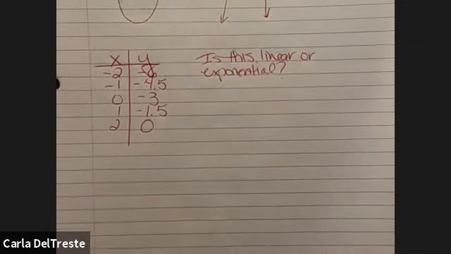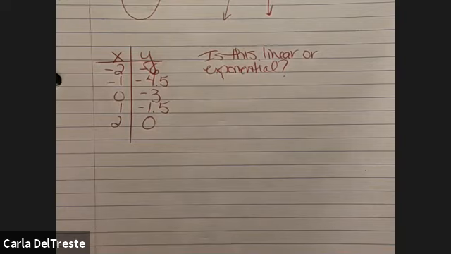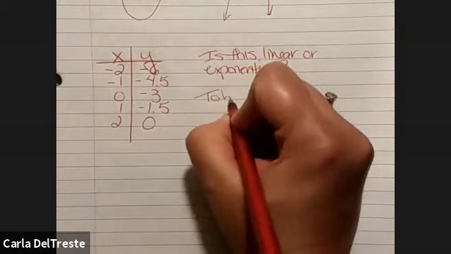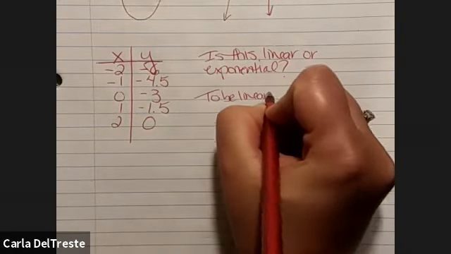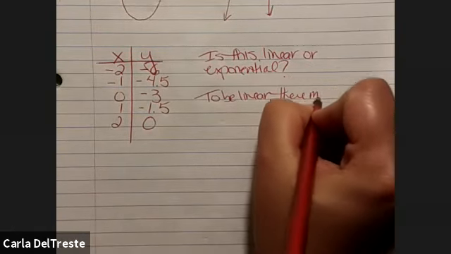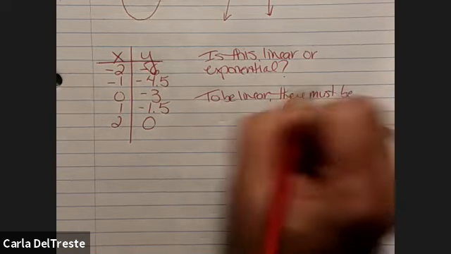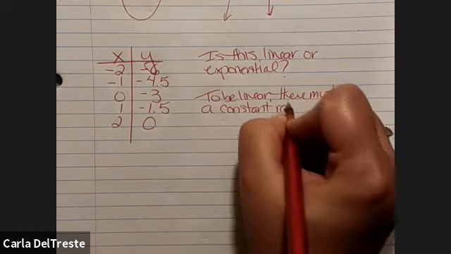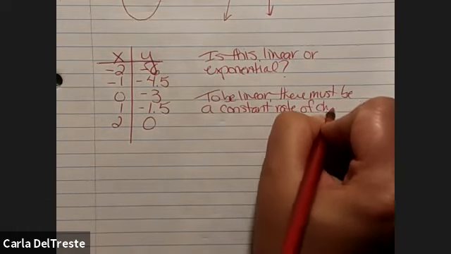So let's do a quick recap of what we learned in the first video on section 1.6 about their graphs. To be linear, there has to be a constant change, which we had called the slope or the rate of change. So to be linear, there must be a constant rate of change.